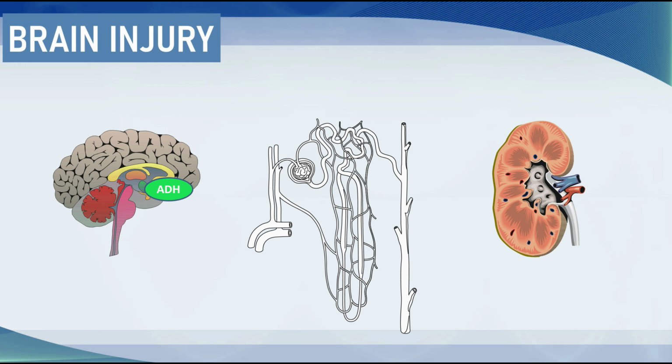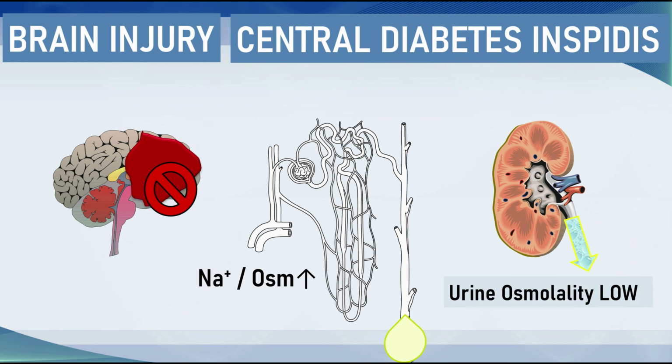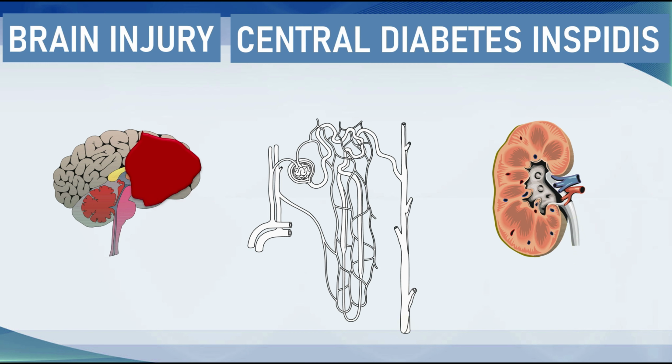When a patient has a brain injury, there is damage to either the hypothalamus or the posterior pituitary or other organ systems, and antidiuretic hormone is not produced. So despite the fact that there may be high sodium and high osmolality, the absence of antidiuretic hormone results in low urinary osmolality. And this is known as central diabetes insipidus. And you will commonly see this in patients with traumatic brain injury and sometimes with subarachnoid hemorrhage.